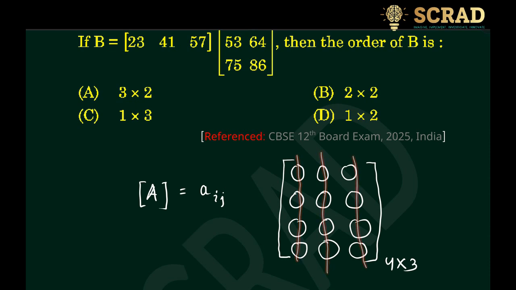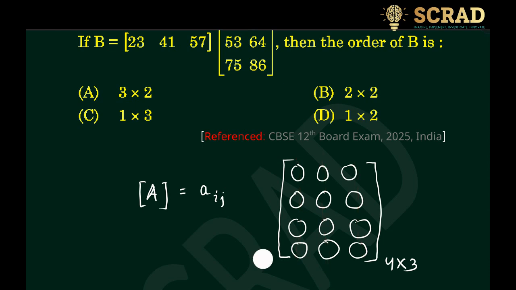Suppose you notice every element looks the same, all are circles here. So how can I identify which circle, or in a discussion if I want to refer to some element in this matrix, how can I refer to it? Using a row index and column index.